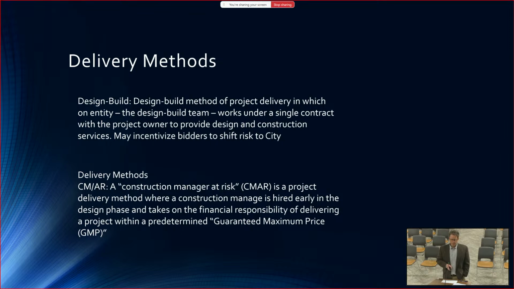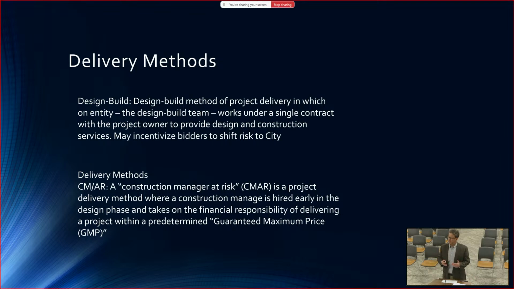Compared to the design bid build method, design build project delivery is one where one entity, the design build team, works under a single contract with the project owner to provide design and construction services. So what happens is you hire one company that's got both of those components, or maybe it's a contractor who hires out the design portion of it, but you then have a single point of responsibility.